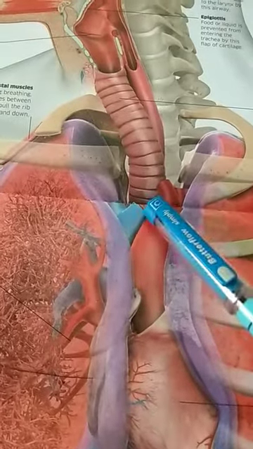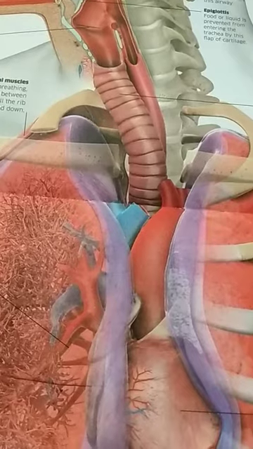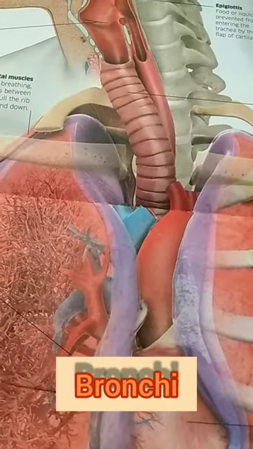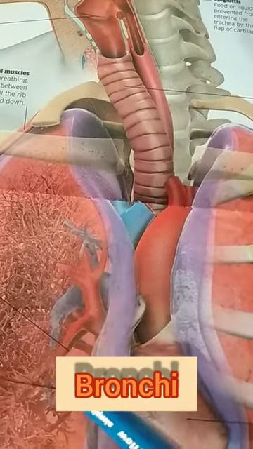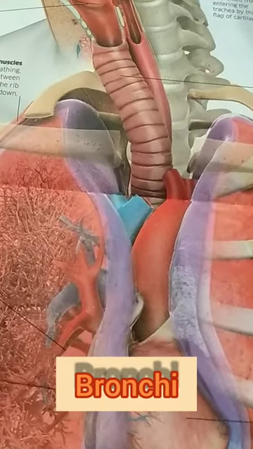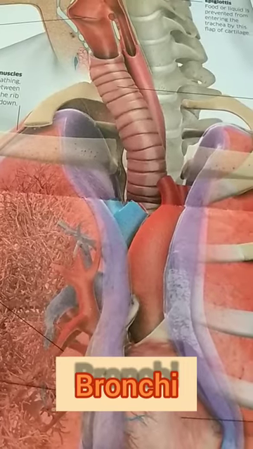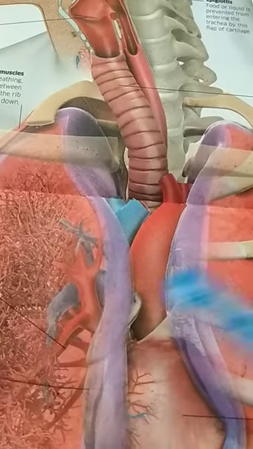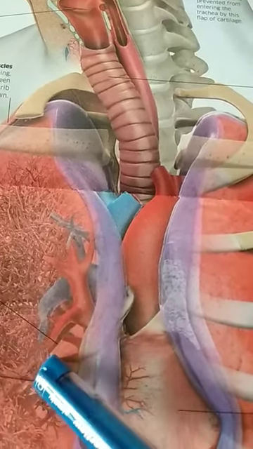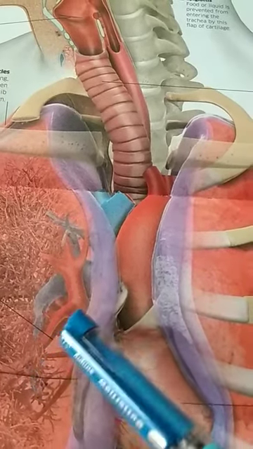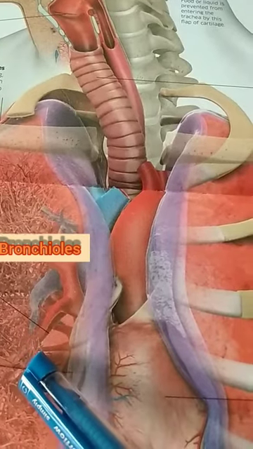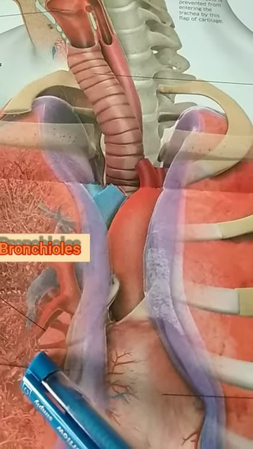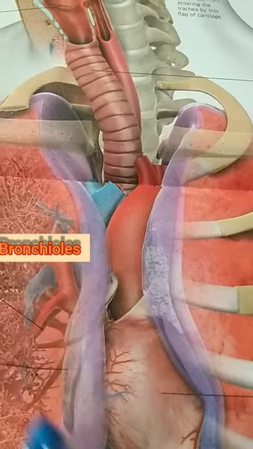These two connecting tubes into the lungs, or you can say the trachea dividing into two branches, are known as bronchi. These bronchi help the air to reach the lungs. On reaching the lungs, the bronchi further divide into very fine branches known as bronchioles.